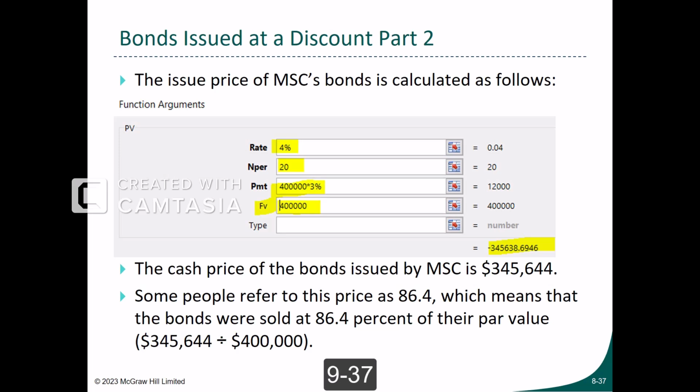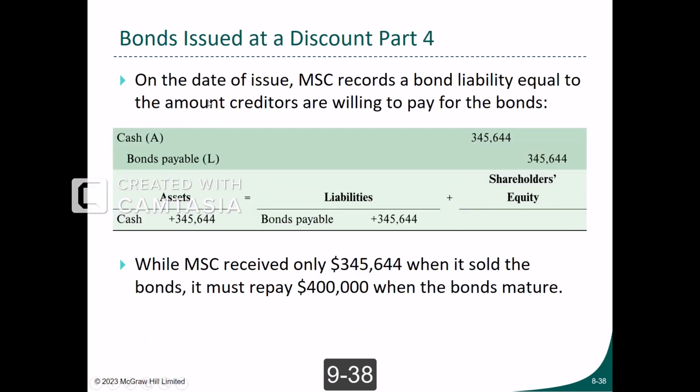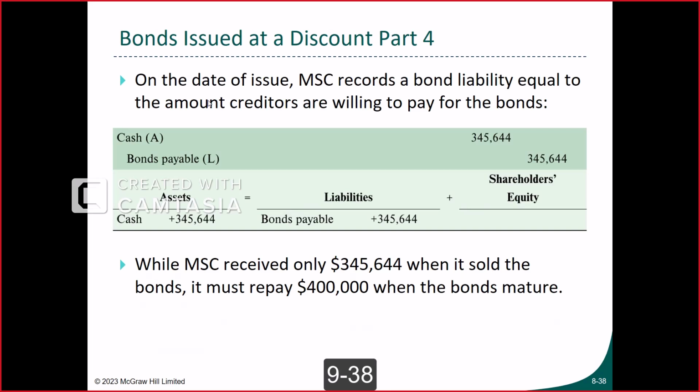So now, how to account for this? The journal entry to account for this at the date of issuance: debit cash and credit bonds payable for the amount collected, the issuance price, 345,644.